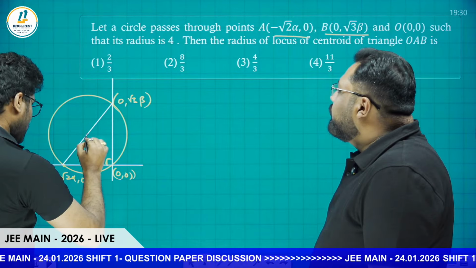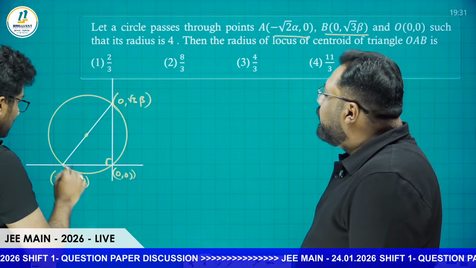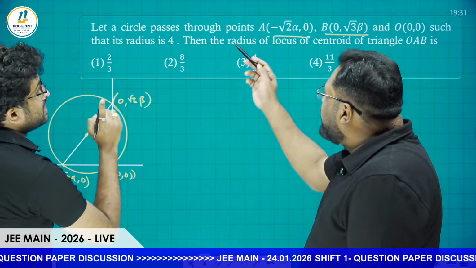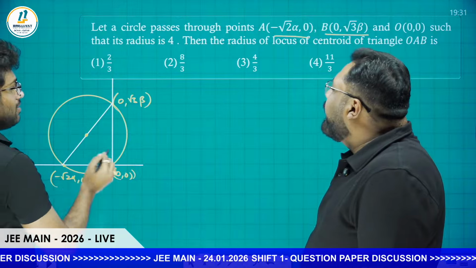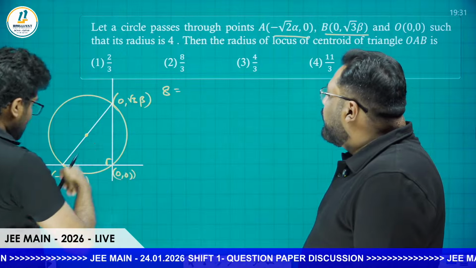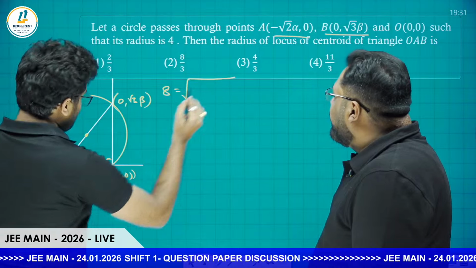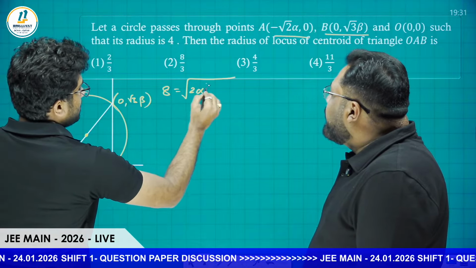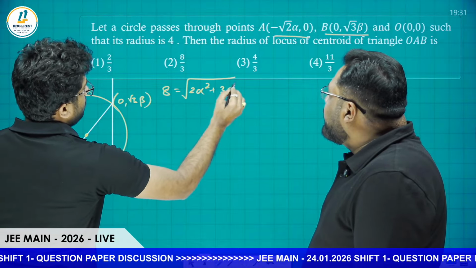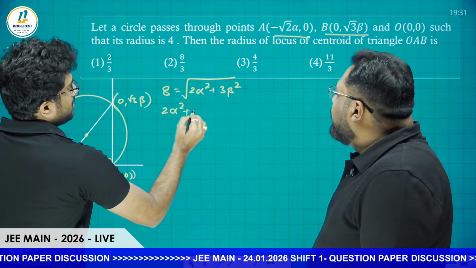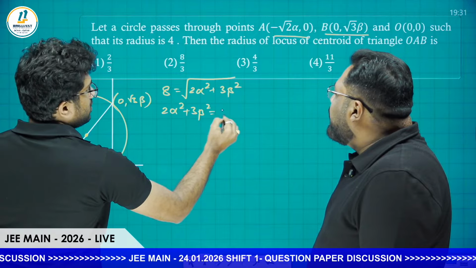The midpoint of the diameter will be the center, and the radius is given as 4, so the diameter will be 8. 8 should be the distance between these two points. So 8 equals the root of 2 alpha squared plus 3 beta squared. So 2 alpha squared plus 3 beta squared equals 64.